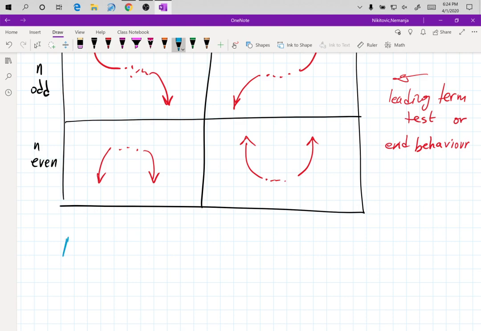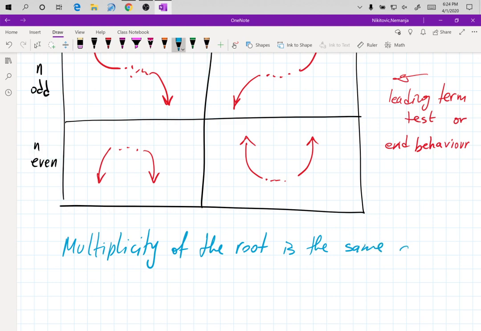So I'll write here: multiplicity of the root is the same as the exponent of the factor.